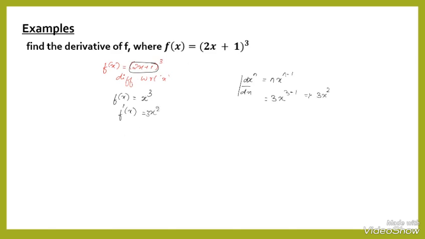That is f dash of x is equal to 3 into x square. Here, our x will be 2x plus 1. Therefore, again I will replace: f dash of x is equal to 3 into (2x plus 1) whole square. Then, again, here x is not there.